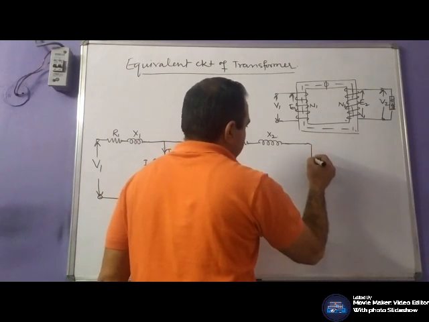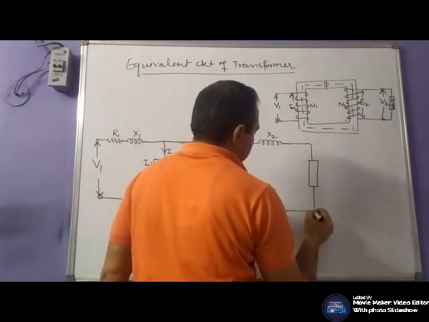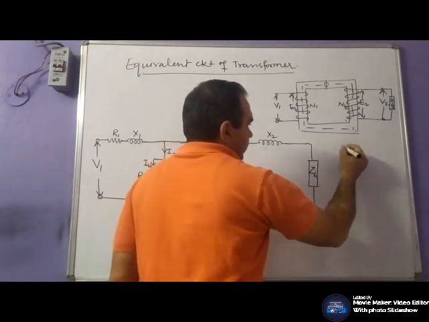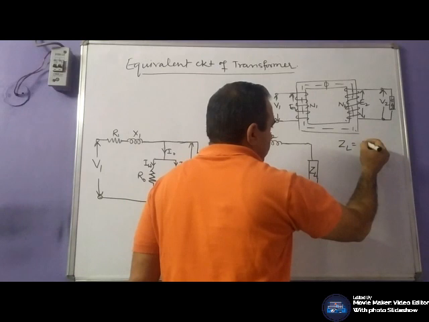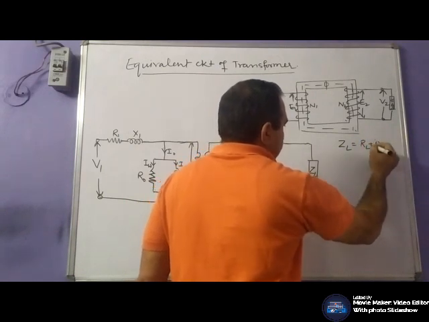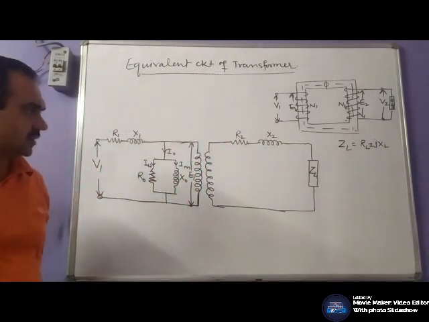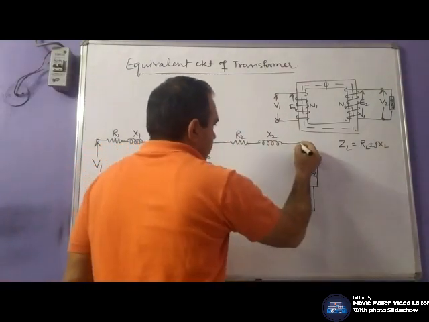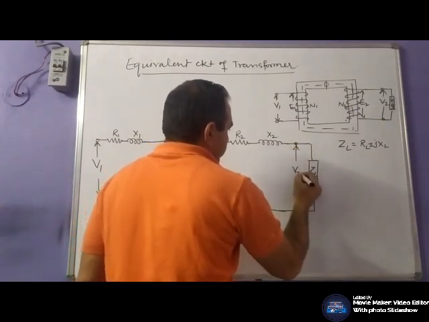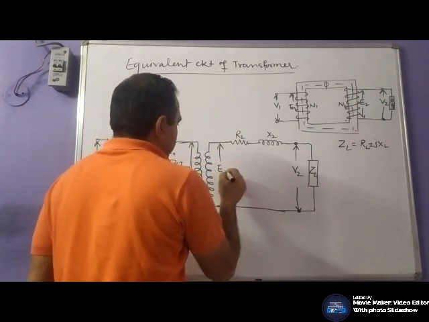Here is the load, let the load impedance be ZL, where ZL is RL plus or minus jXL. This will be the terminal voltage V2, and this will be E2.